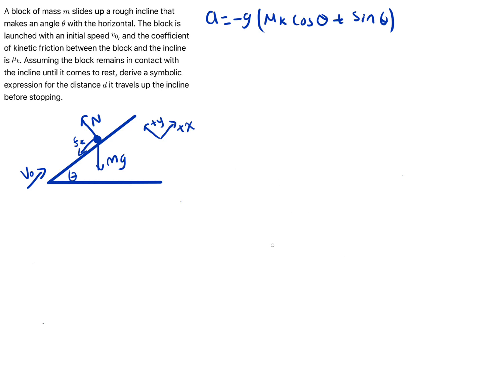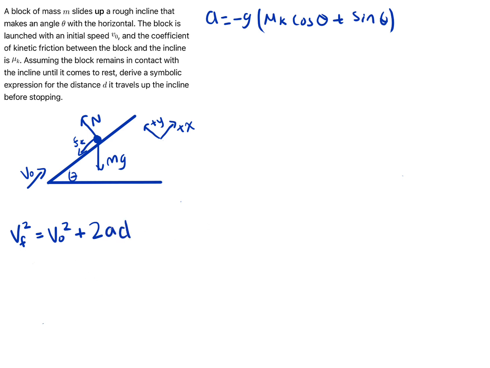Okay, so now if you recall from our kinematic equations with constant acceleration, we have that the final velocity squared is equal to the initial velocity squared plus 2 times the acceleration a times the distance d.